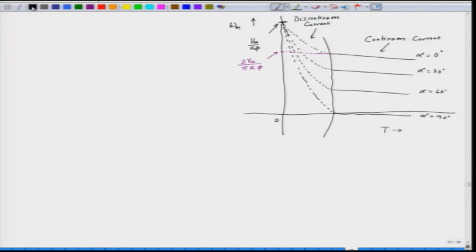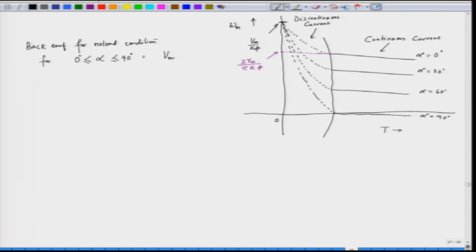So, we can mention here that the back EMF for no load condition, for alpha from 0 to 90 degree, is equal to the peak of the supply voltage. When the back EMF is the peak of the supply voltage, current is equal to 0, and that is why the torque is equal to 0.